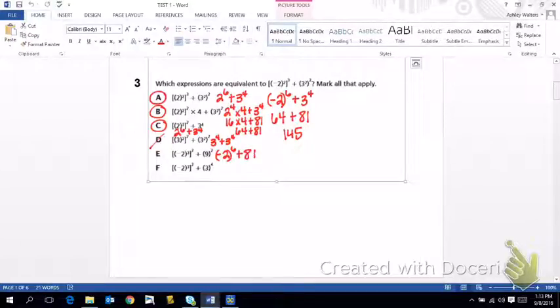We know that negative 2 to the 6th power will give us our 64. And 64 plus 81 will give us our 145. For F, negative 2 cubed to the 2nd power is going to give us negative 2 to the 6th power overall. And we are adding it to 3 to the 4th power, which we know will give us our 64 and our 81. So that again will equal our 145.